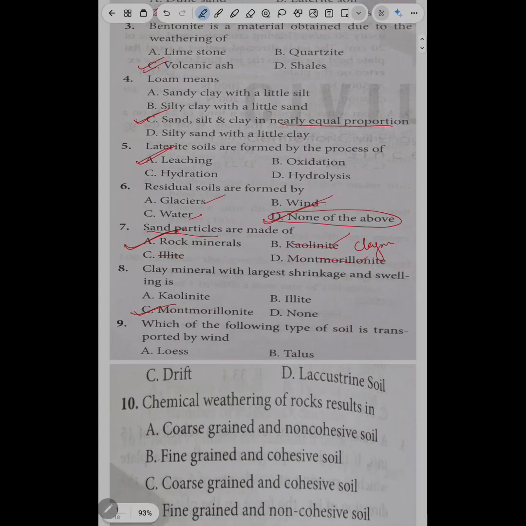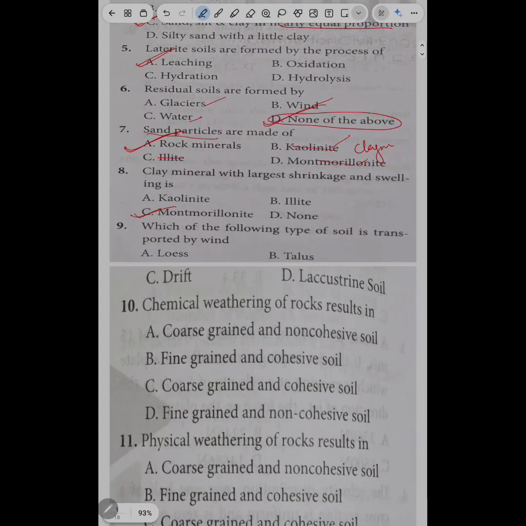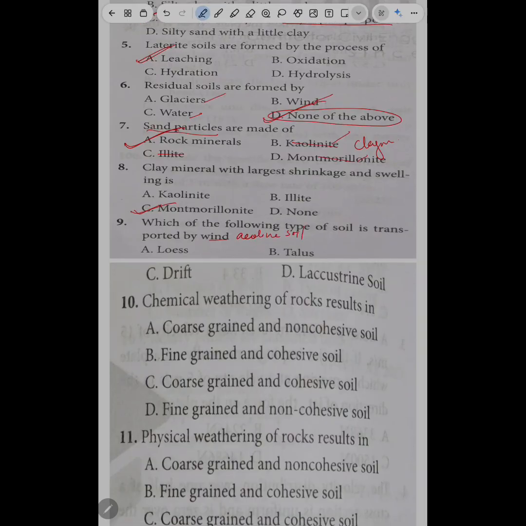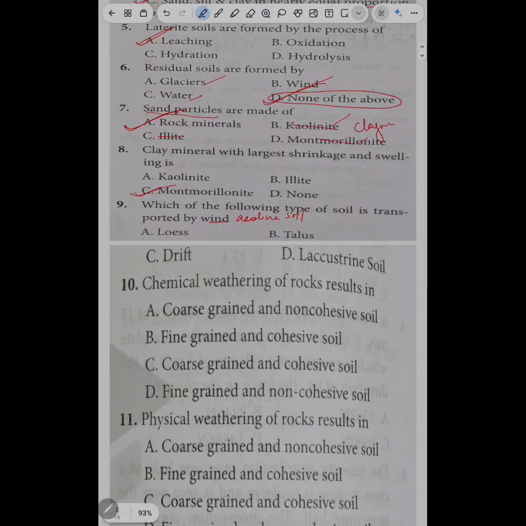Then next question. Which of the following types of soil is transported by wind? Soil transported by wind is called aeolian soil. Lacustrine soil is by the still water of lakes.